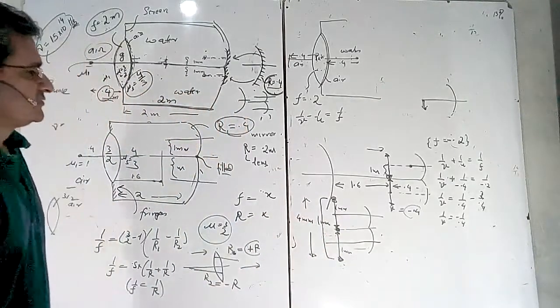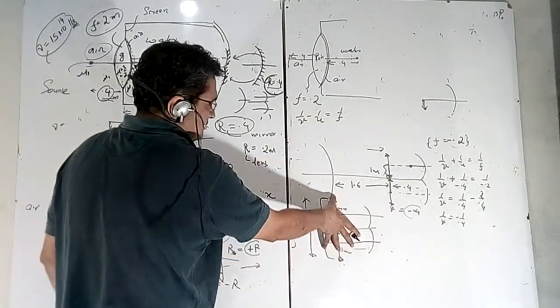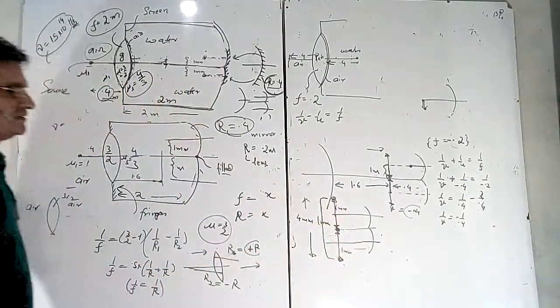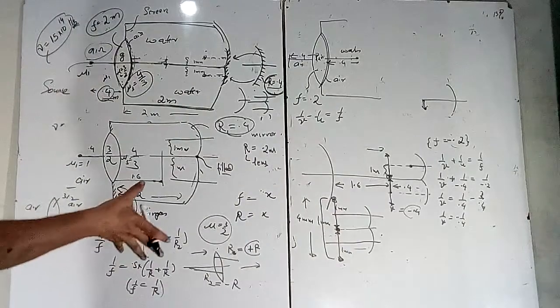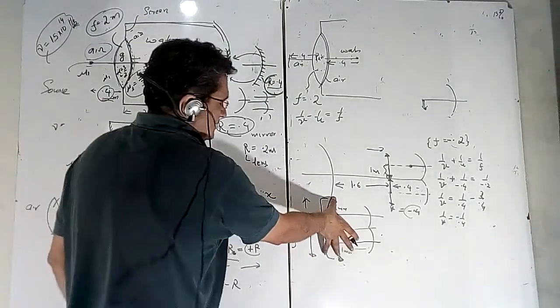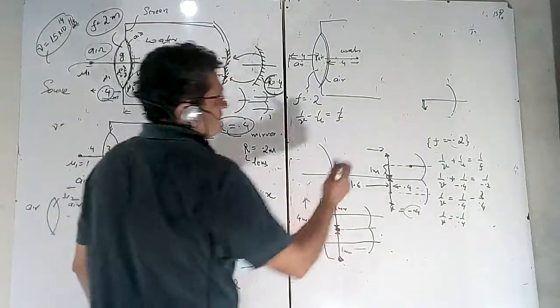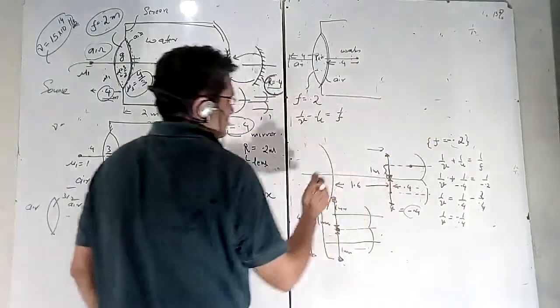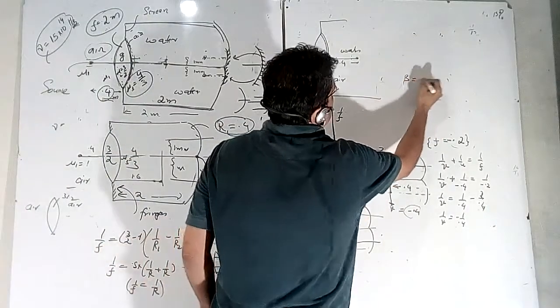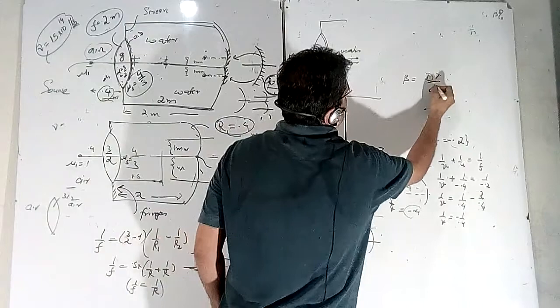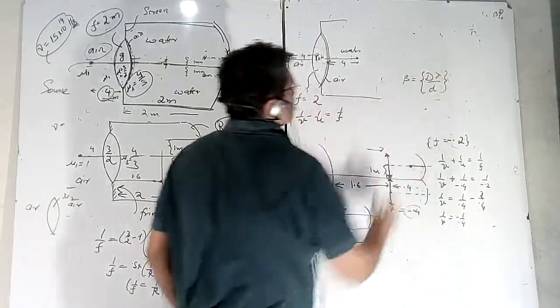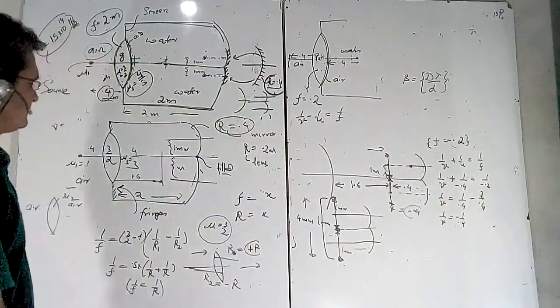So this was the most crucial part. Once you find the distance between the two sources, now simply apply the formula. Beta is equal to D lambda upon d, meaning the width of the interference pattern. What is d here?